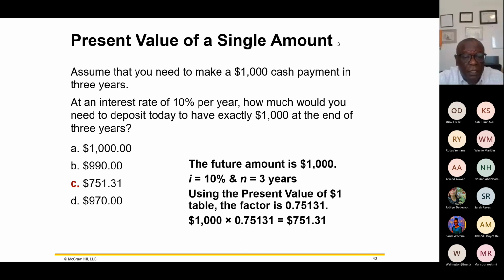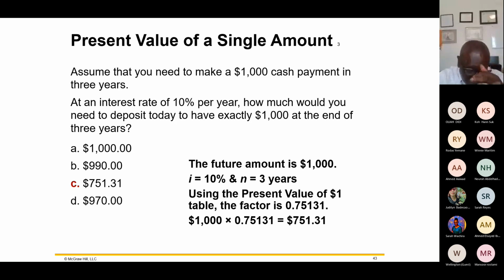So now we know future value there is 1,000. If we divide 1,000 by 1 plus the rate, which is 10%, 10% is 0.1, all to the power 3. So 1,000 divided by 1.1 to the power 3. And we know 1.1 to the power 3 means 1.1 multiplied by 1.1 multiplied by 1.1, 3 times.